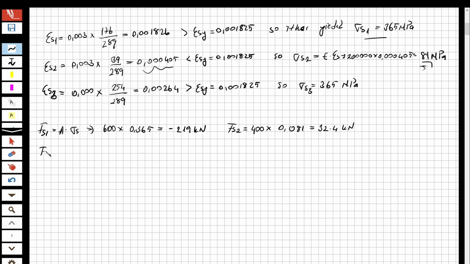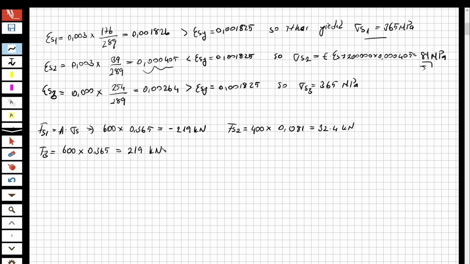So let's do it for the third one. This is also 600, you know the area of that, so let's multiply it with the stress of that. And this is positive 219 kilonewtons.